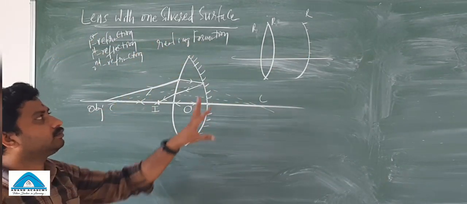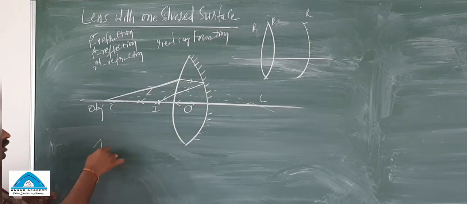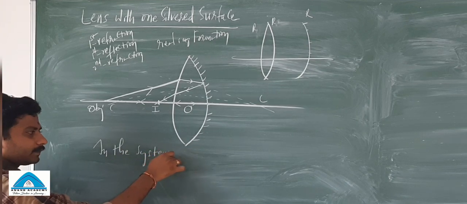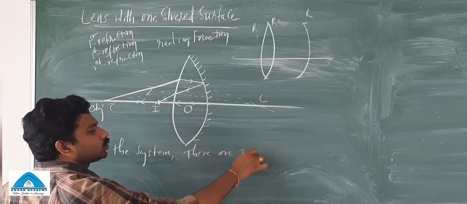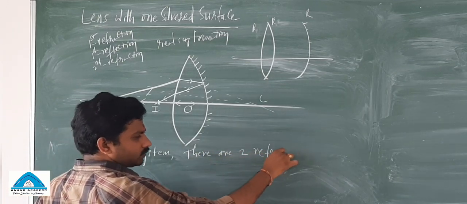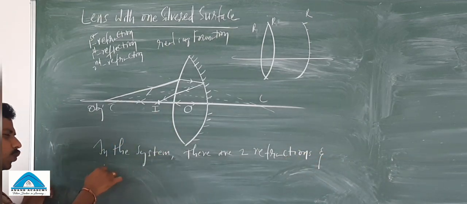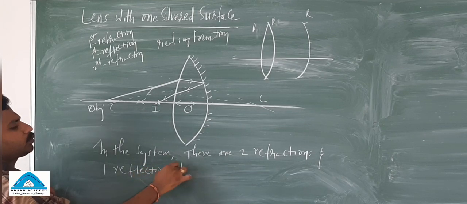So in the system, how many refractions are taking place? I am writing here, in the system there are two refractions and one reflection took place.